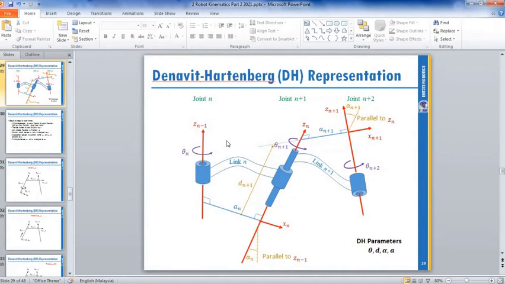Compared to homogeneous, you need to calculate every time your robot moves using 4 matrices. If you have 6 joints, you have 6 matrices to be calculated. If you have more than that, your computation will be slower.